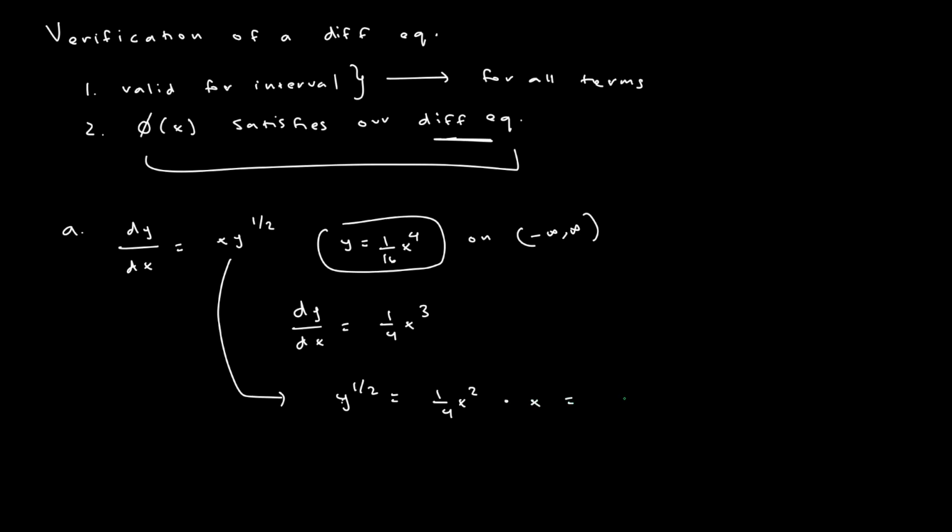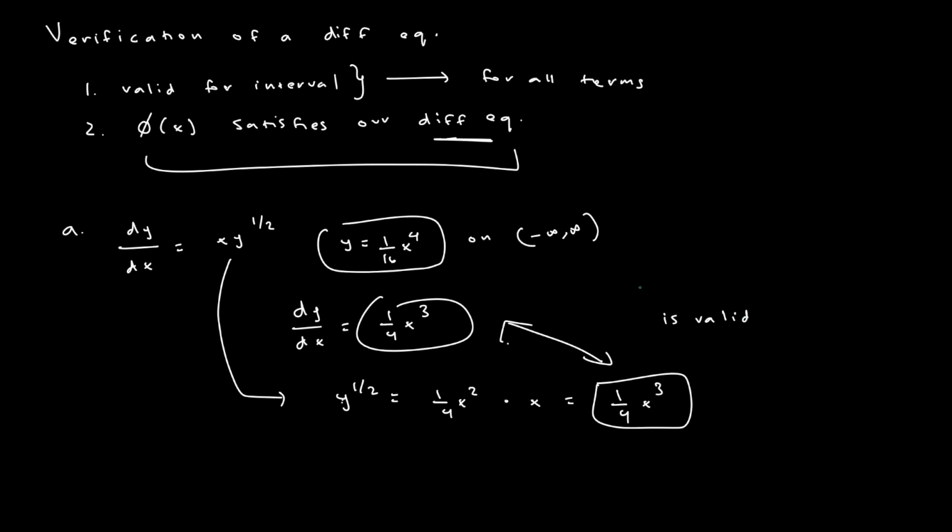So we end up getting 1 over 4 times x to the power of 3, and that's what we validated over here. So this differential equation is valid. And the part about this whole range is that because we just took the derivative, we didn't take the derivative on a specific range. So trivially it makes sense that our diffeq has equal values for the whole range. And so we can conclude that this is a valid satisfaction.